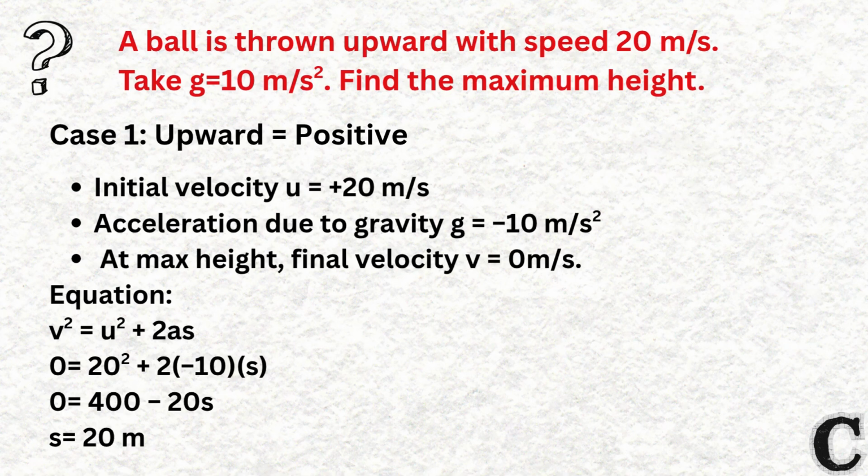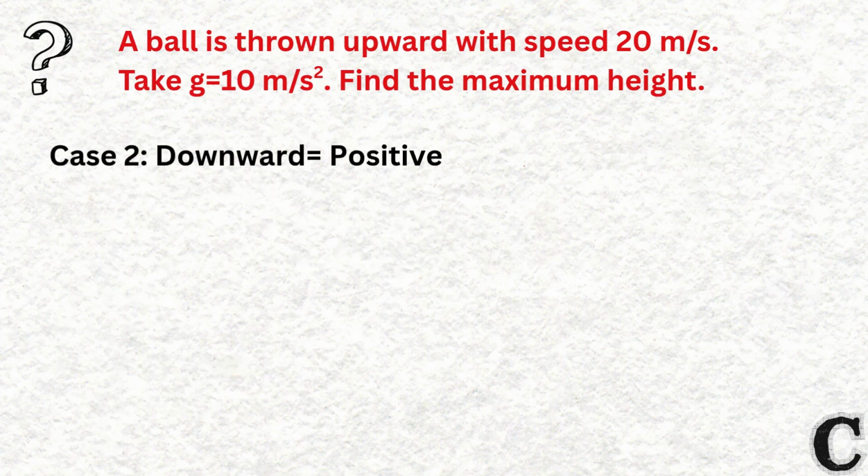Equation? v squared equals u squared plus 2as. 0 equals 20 squared plus 2 times negative 10 times s. 0 equals 400 minus 20s. s equals 20 meters.